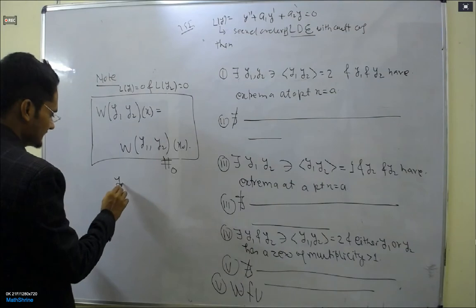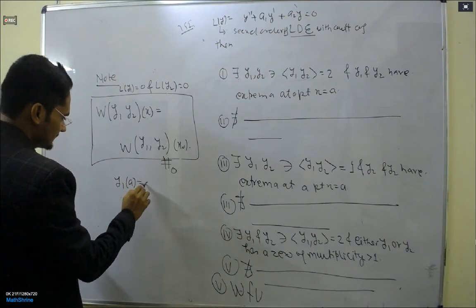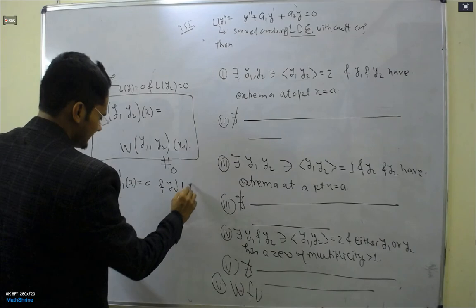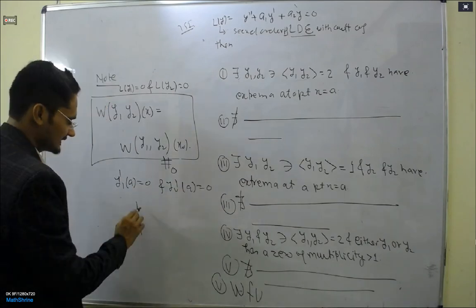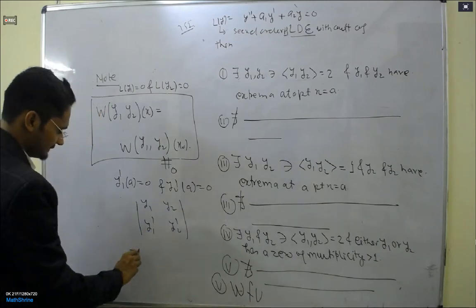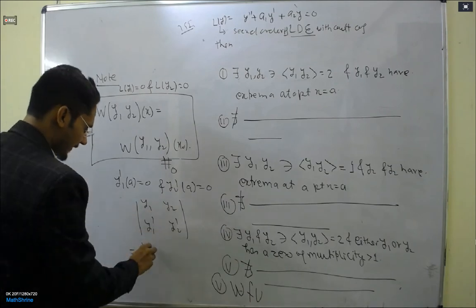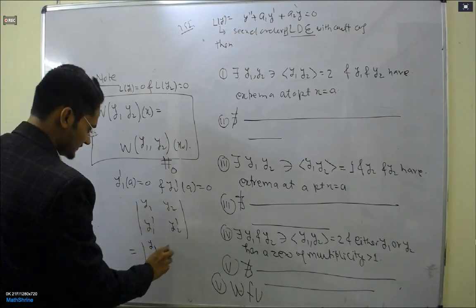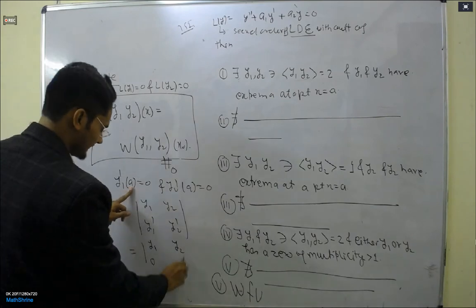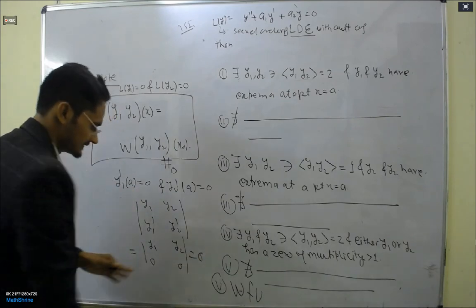The Wronskian of y1, y2 at the point x0, at the point A, is 0 if y1 and y2 have extrema at the same point. The Wronskian 0 means y1 and y2 are dependent, they are not linearly independent. So if they are dependent, then the dimension cannot be 2. So this option cannot be correct.